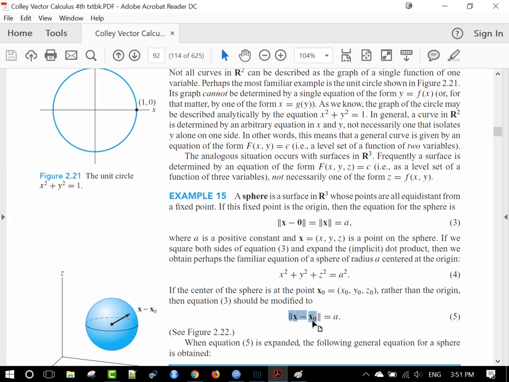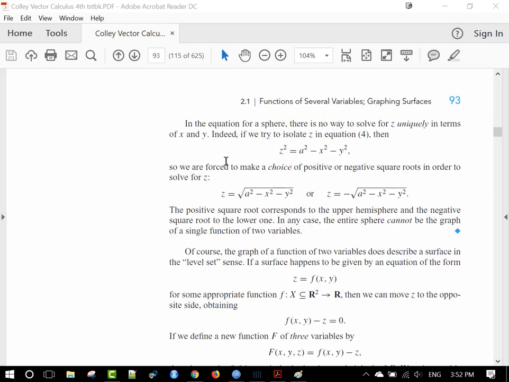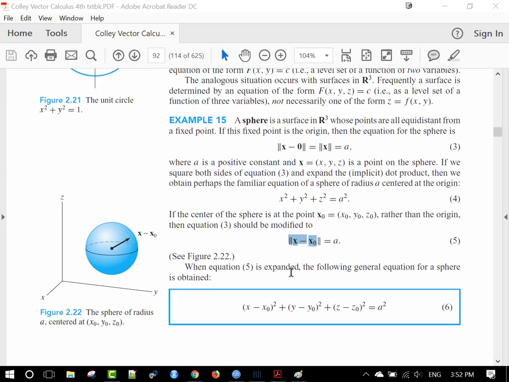So you get all the points that are at distance a from this point x0. When you expand this, it looks like this, which is the equation for a sphere around that point x0. And they say there's no way to solve this equation for z uniquely.